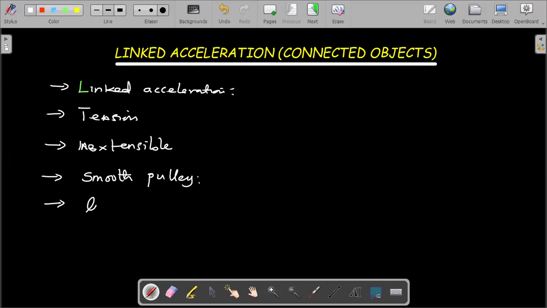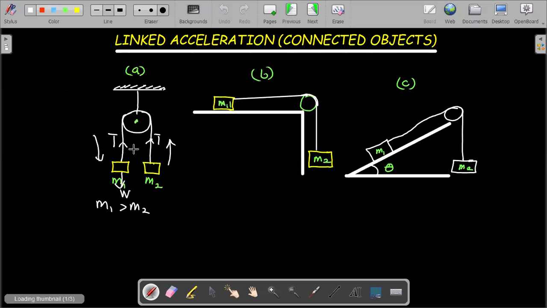Another very important term that we also need to be very clear about is that the string is also assumed to be light, a light string. What do we mean by the string is light? It has negligible mass. So the mass of the string is not contributing to the overall weight of the masses we have in the system, either on the left or on the right.